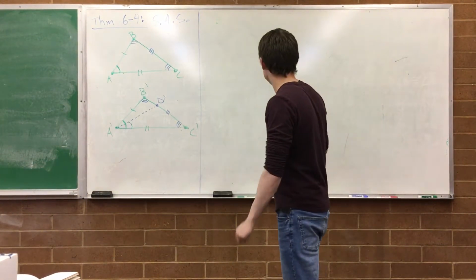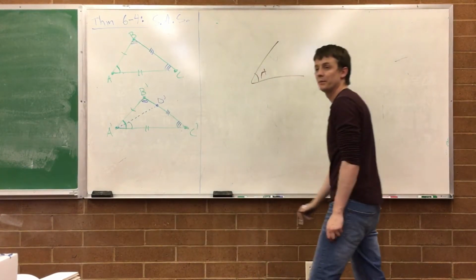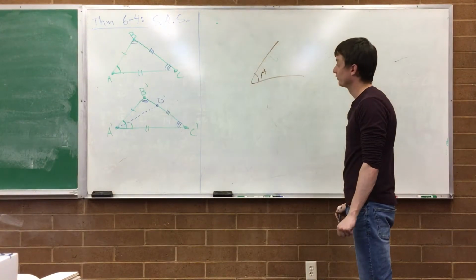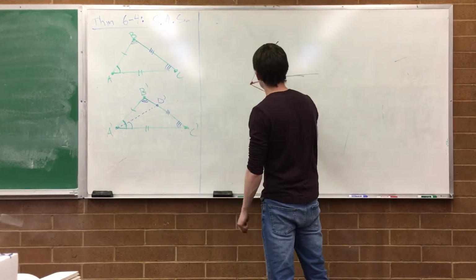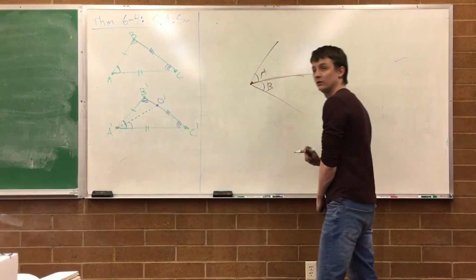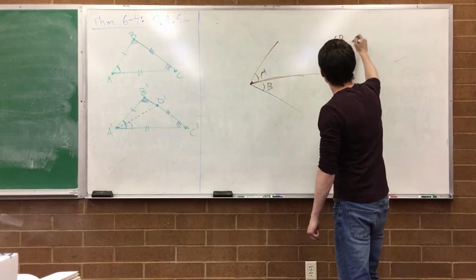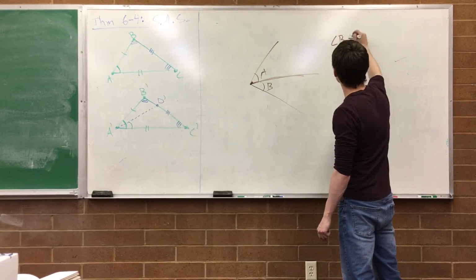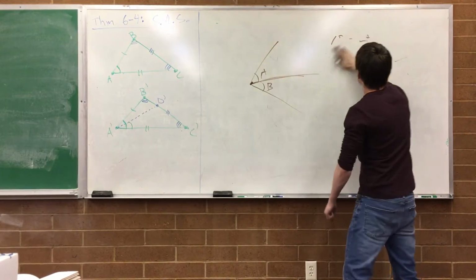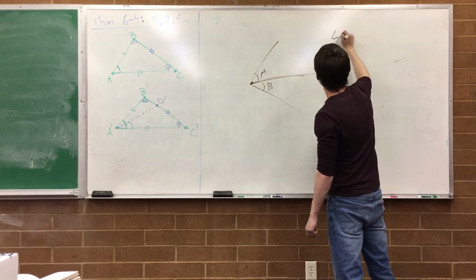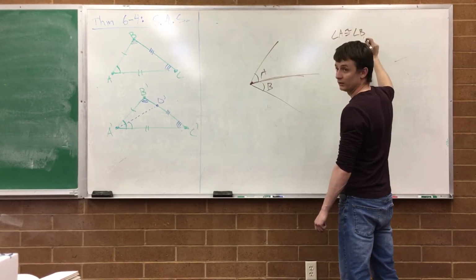Okay? So here's some angle A, right? We know from the first postulate that we can, using this ray, construct some other angle down here, B, congruent to it. Now, we know that angle A is congruent to angle B, right?